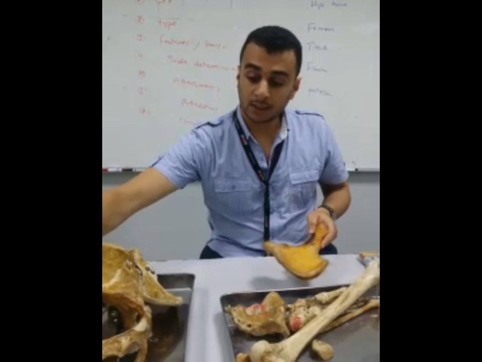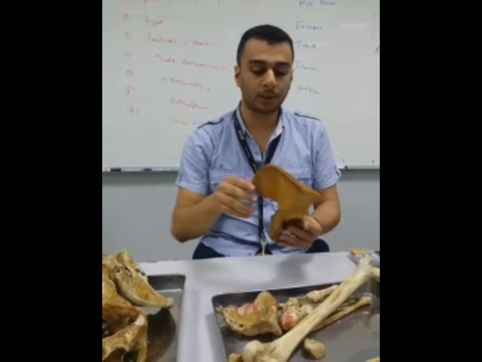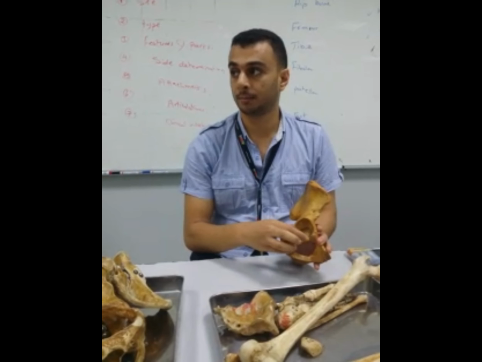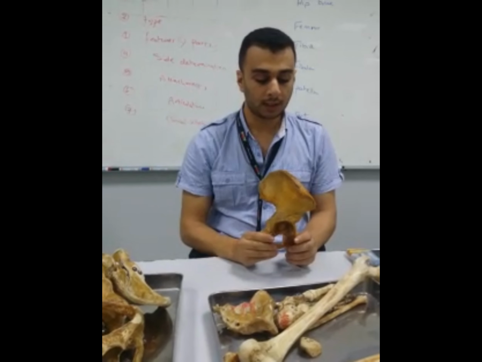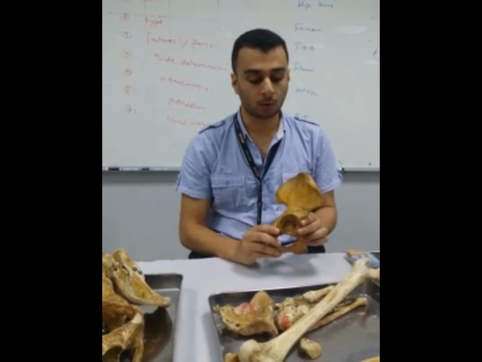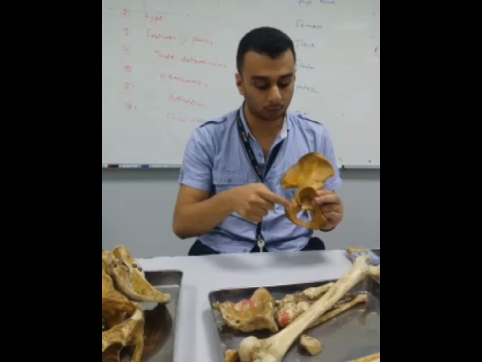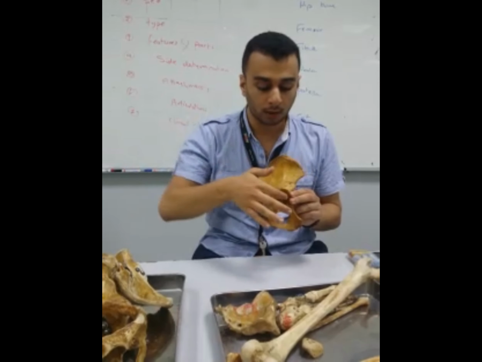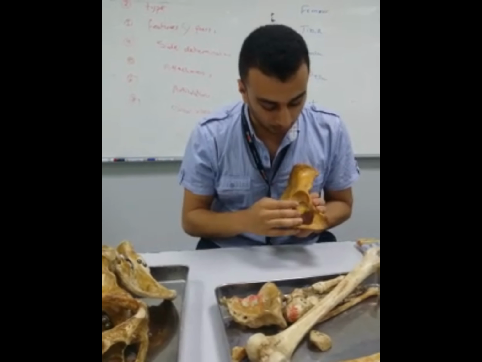Basically the hip bone is formed of three bones which are joined in the acetabulum. Those three bones grow from three primary centers. Each bone has its own primary center, and they grow and fuse in the acetabulum.